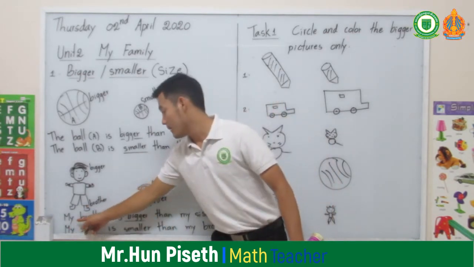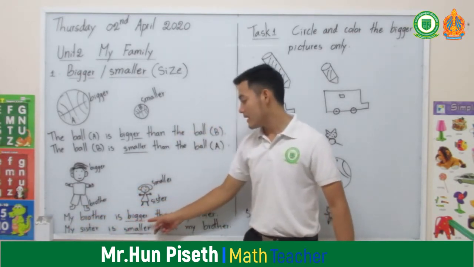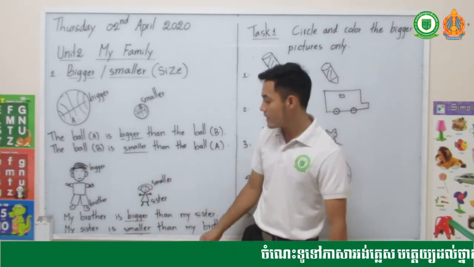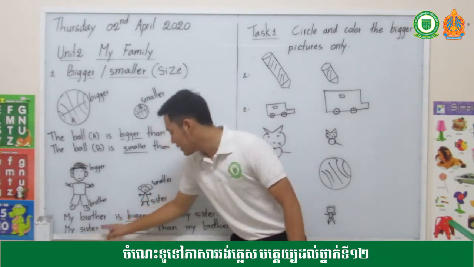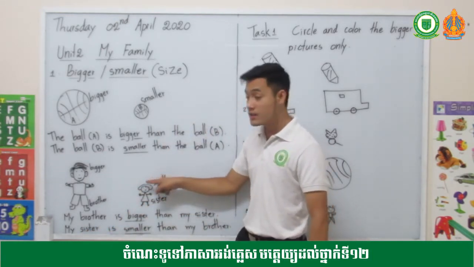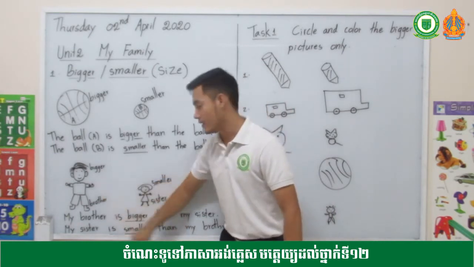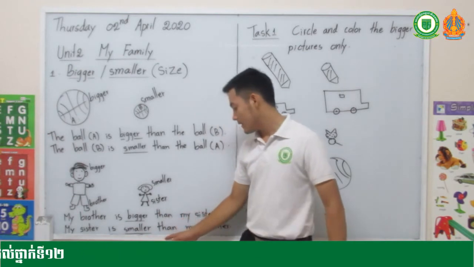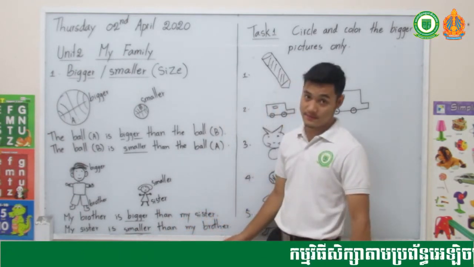It becomes: my brother is bigger than my sister. And the second sentence is: my sister is blank. Your sister is smaller than your brother. My sister is smaller than my brother.